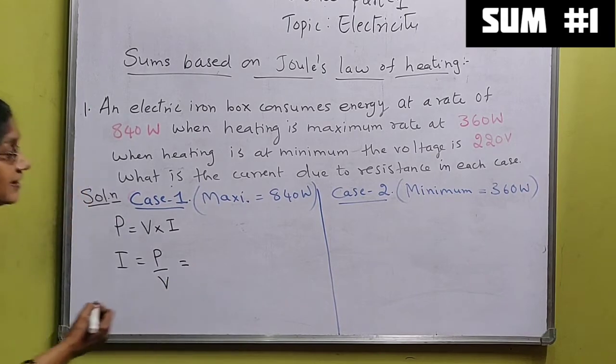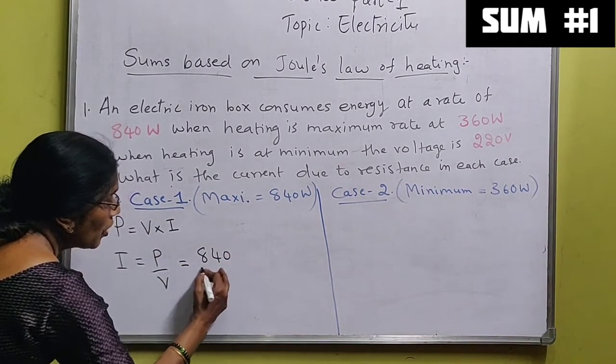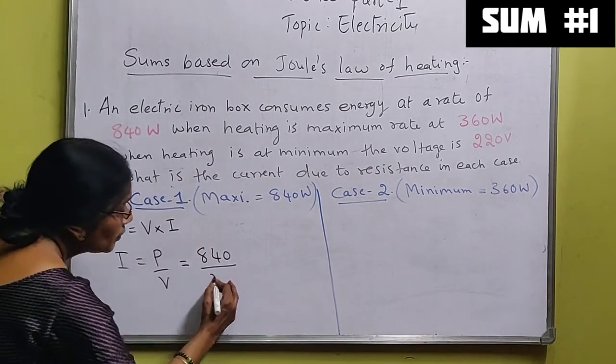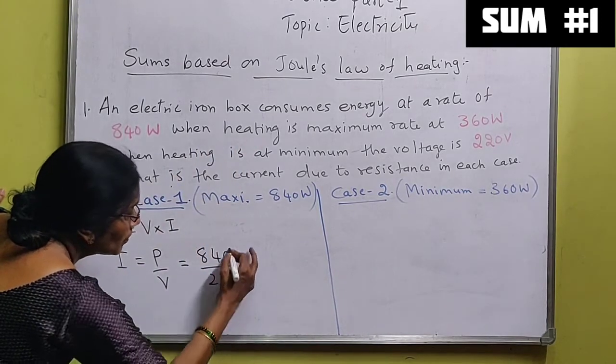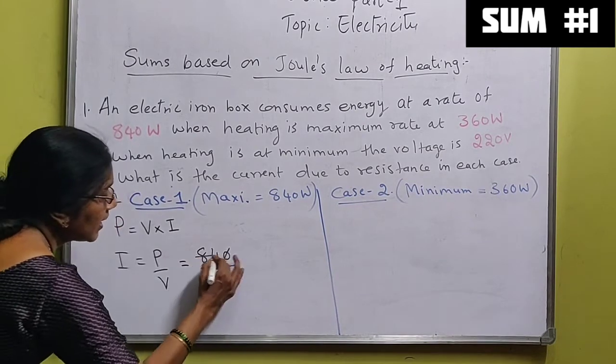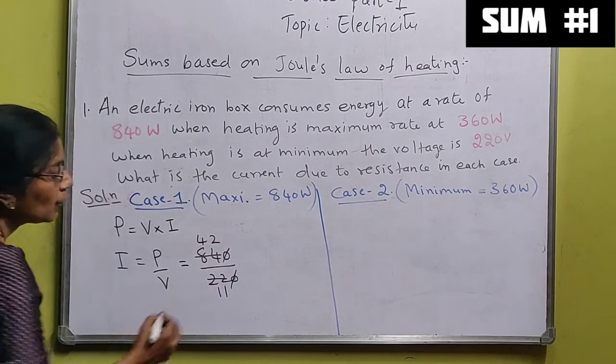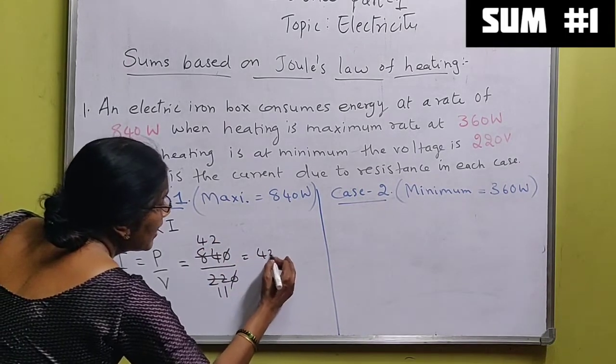So what is the power given over here? 840. What is the voltage? 220. 0 cancels. 2 ones are 2, 2 fours are 8, 2 twos are 4. So 42 by 11.